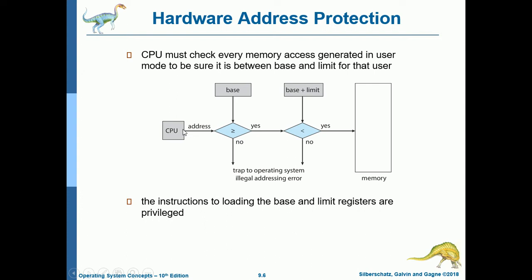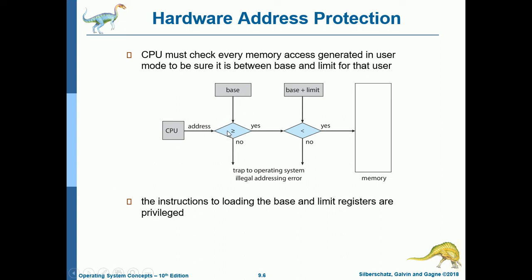If the address derived by the CPU is less than the base, there is a trap to the operating system, an illegal addressing error, because the address derived by the CPU is less than the base.